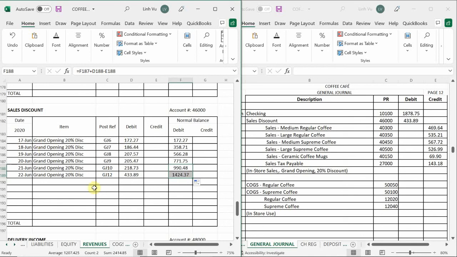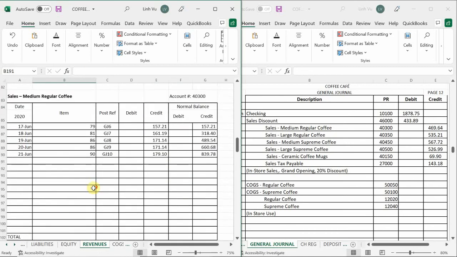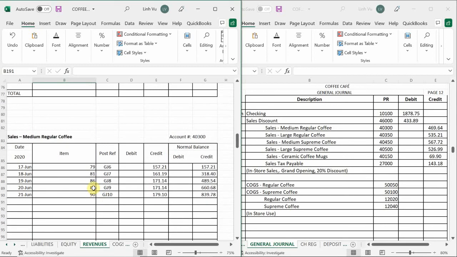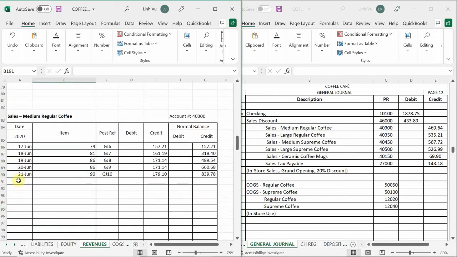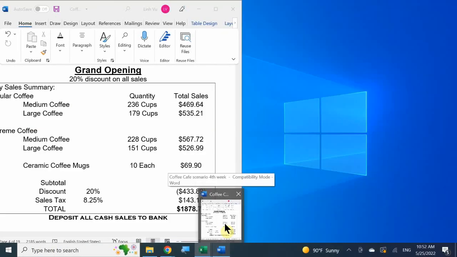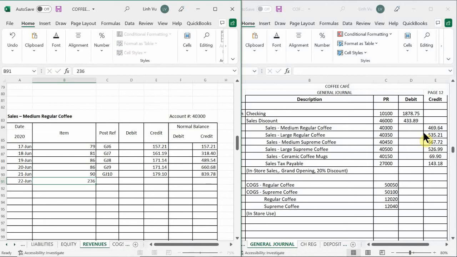Okay. So now we got to go down the line and update our sales here. So here, medium regular coffee. Okay. How many cups did I sell? Okay. I sold 236 cups.